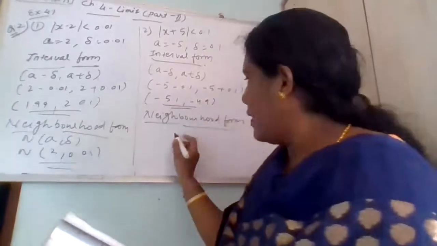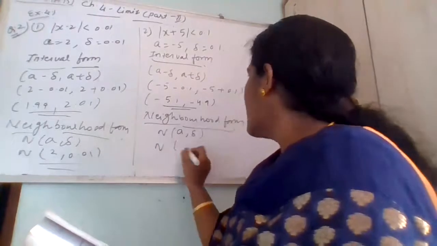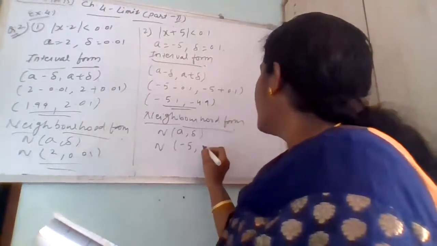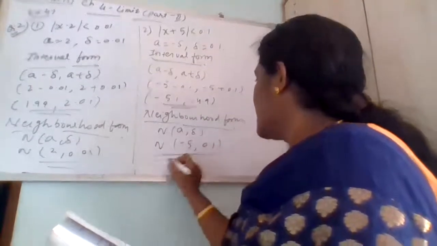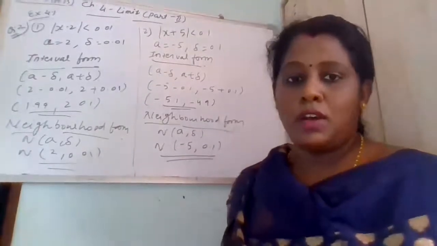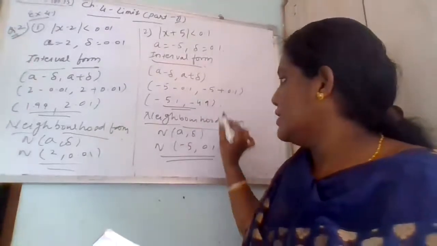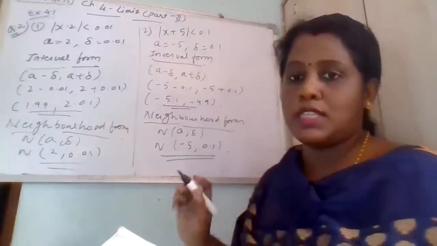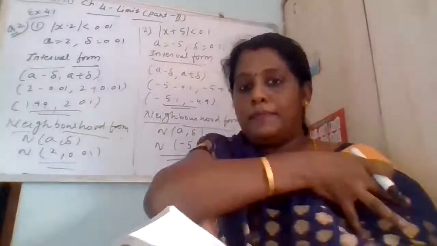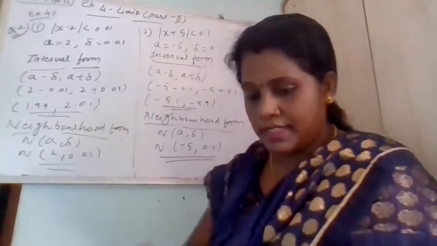The neighborhood form formula is N(a, delta), that is a is minus 5 and delta is 0.1. This is the answer of the interval form and this is the answer of the neighborhood form, right? So this is your solution of the second sum. Now let's see the third sum.